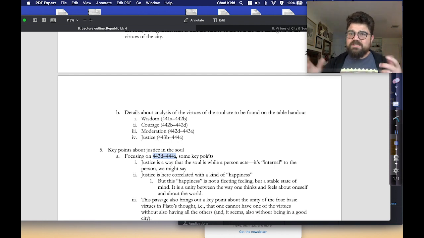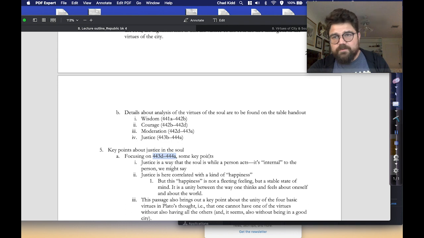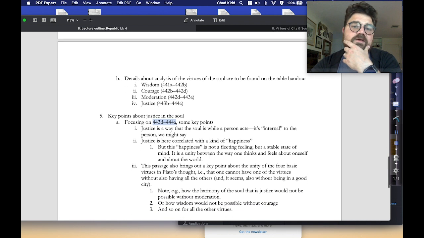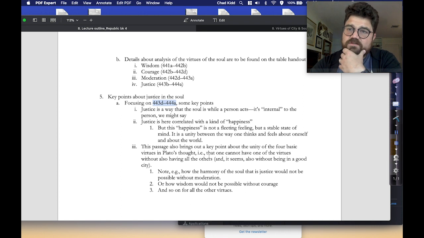As you can see there, what he's really emphasizing is this idea of justice being a kind of robust harmony in the soul, right? Now, for the ancient reader, what stands out is that justice is not something external to the soul. Rather, justice is internal to the soul.